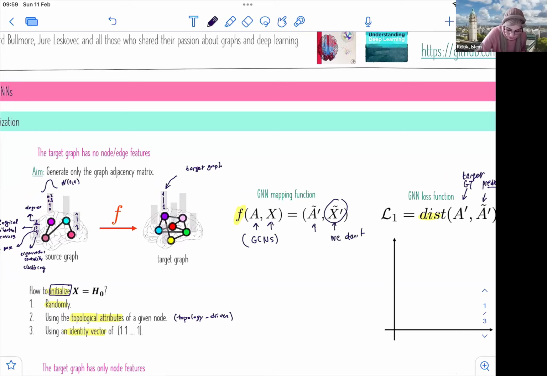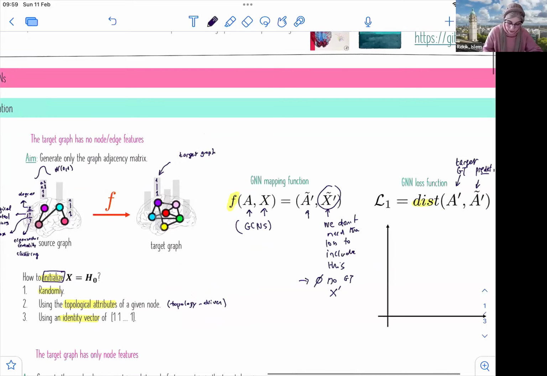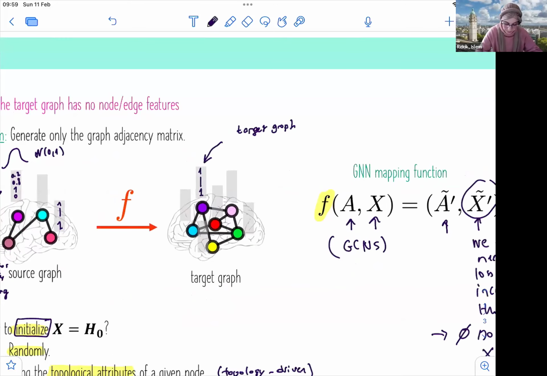We don't need the loss to include this. Why? Because we don't have ground truth features. So no ground truth X. We don't have ground truth X prime.